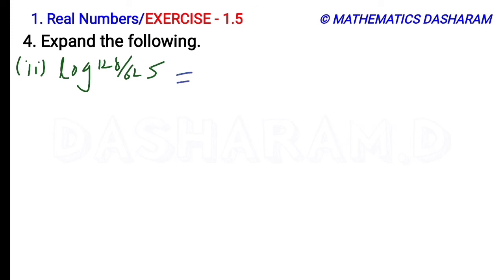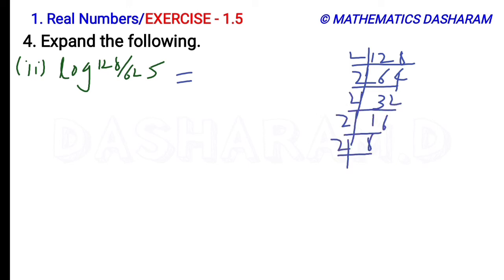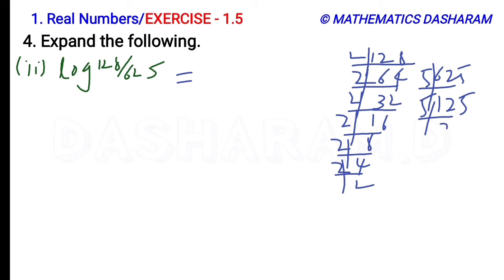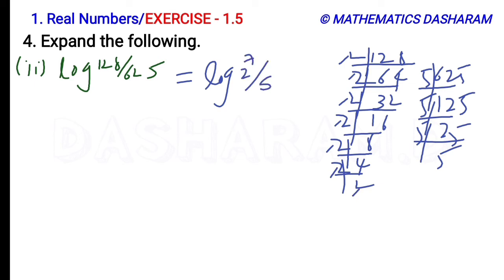Second question, log 128 divided by 625. First I am doing the factorization. 128 is 2 to the power of 7, and 625 is 5 to the power of 4.